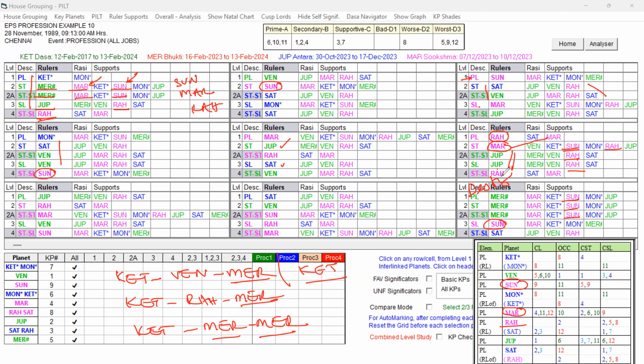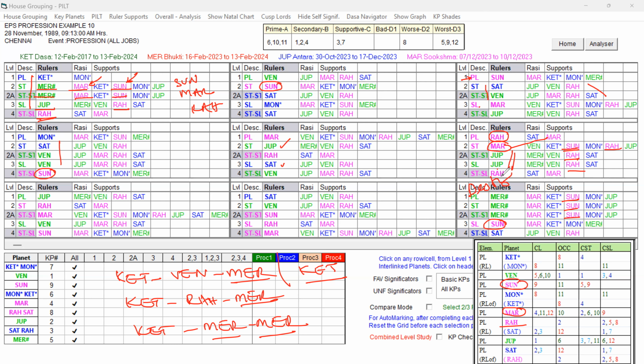So indirectly, Jupiter and Venus are supporting Rahu through the sign lord Saturn. Because of that, the star level planet Rahu gets the support of Mars and also Venus and Jupiter through the second planet, that is Saturn. That way it is good, and Mars again plays a role.